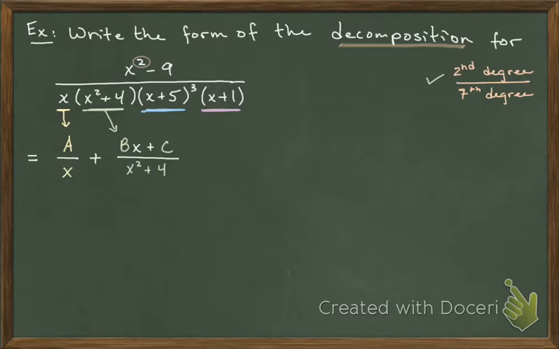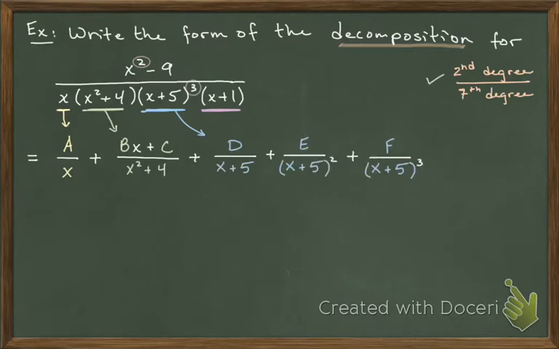What this is going to result in is 3 different placeholder factors, all of which have 1 power of that factor, right? So there's 3 x plus 5s, so I'm going to have 3 terms that come from that: D over x plus 5, E over x plus 5 squared, and F over x plus 5 cubed.